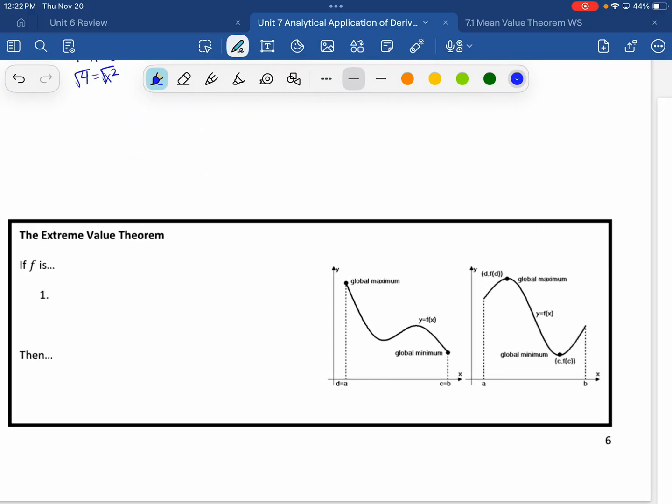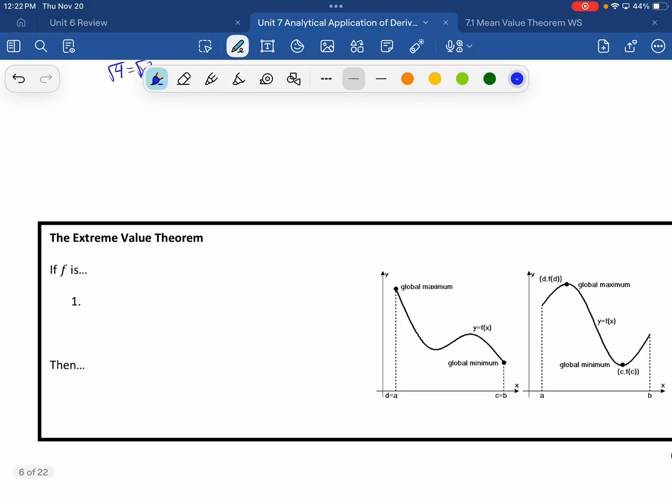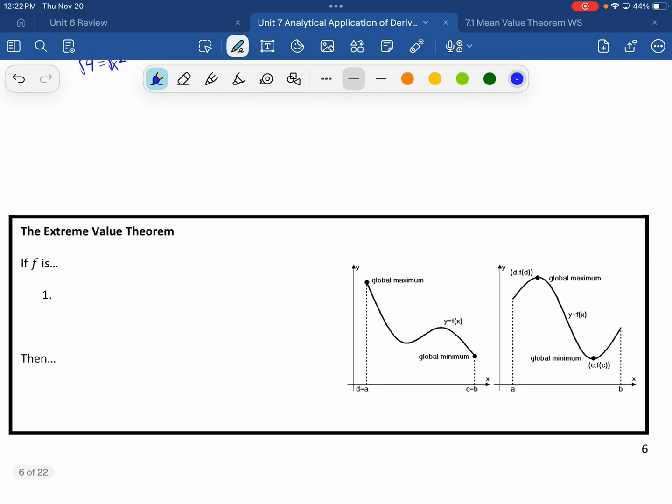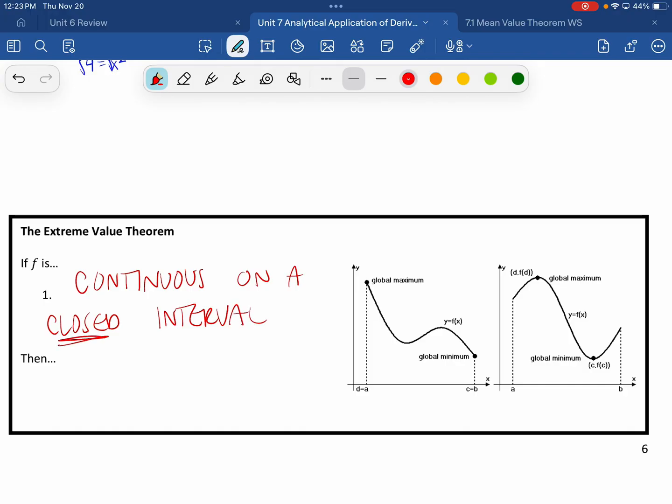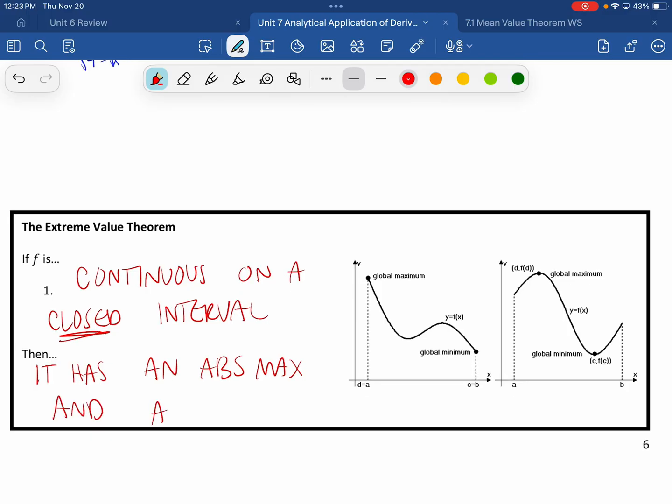All right, so how does this apply to the extreme value theorem? Well, the extreme value theorem says that if my function is continuous on a closed interval, then it has an absolute max and absolute min.